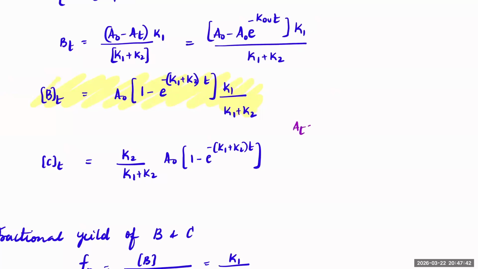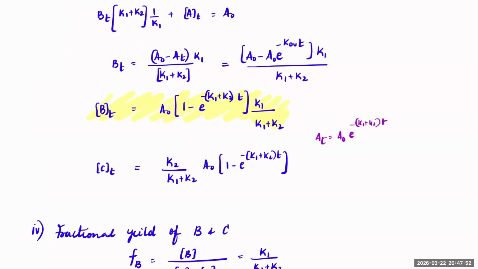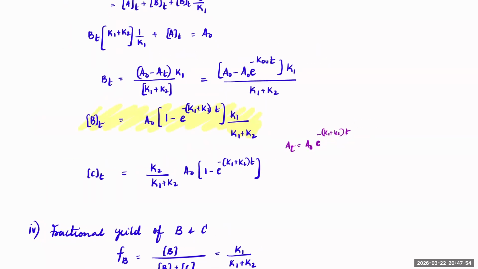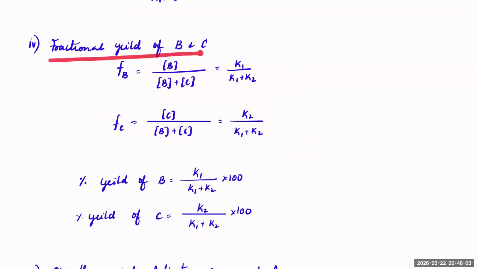Okay. So everybody, this is Bt, Ct and At. We already know At as A0 e raised to power of minus (k1 plus k2) into t. These three are the concentration terms at any time t. Got it? A lot of times, you would not be asked about the derivation of At, Bt or Ct. Instead, you will be asked to identify the fractional yield of B and C. How much is the fraction of B and C? So check out.